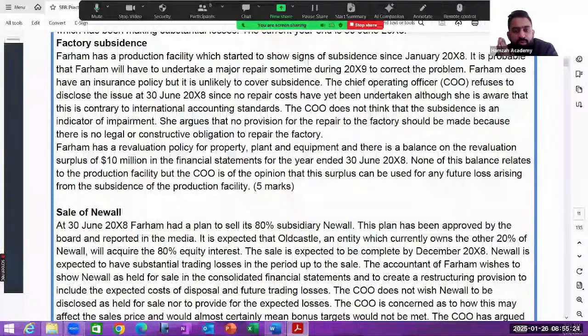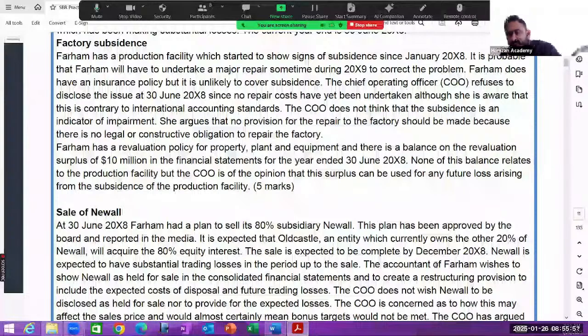So, to conduct the impairment test, the total factory will be treated as a cash generating unit, including the building, land, and the plant and machinery in that factory. And we will calculate the recoverable amount and compare it with the carrying value. And if the recoverable amount is less than the carrying value, then the impairment should be recorded. So, first of all, relating to IAS 36, we can discuss these points.